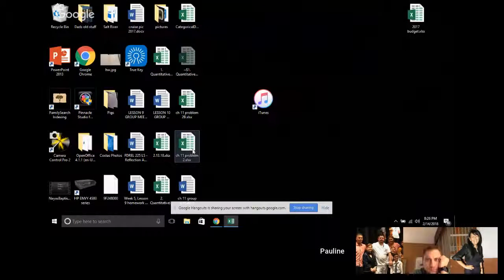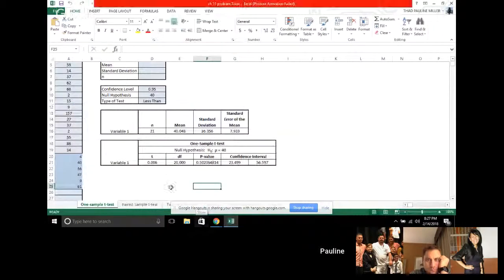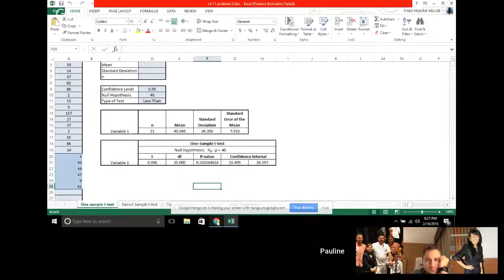We're gonna copy starting from the first one, 59, all the way till 61. It should be 21 values in total. My Excel's taking a little bit of time to open up. Okay, there it goes. Okay, so then I copied all of them, and what's it asking now?